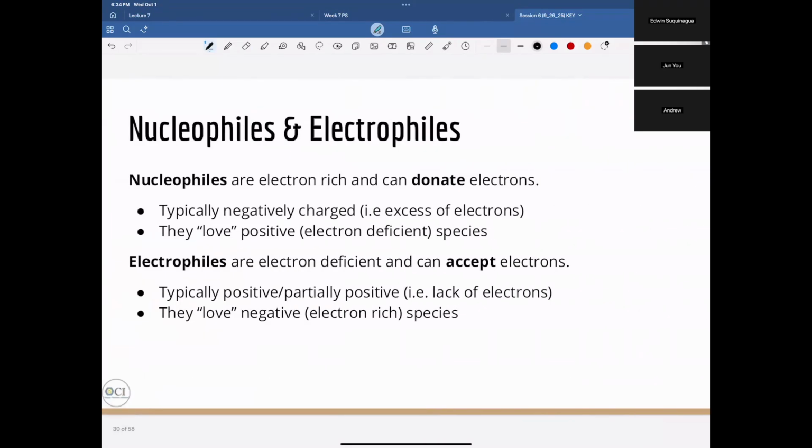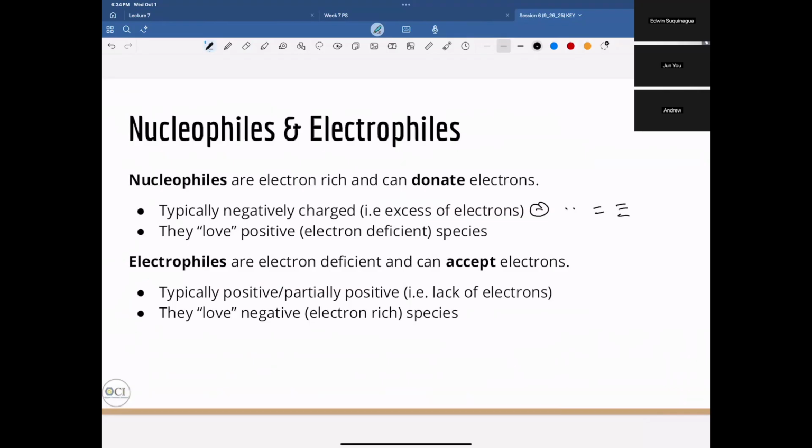First off, let's give definitions to each of them. Nucleophiles are electron rich and they can donate electrons. If they can donate electrons, they're very negatively charged. They have either a full negative charge, a lone pair, or a double or triple bond, because they have an excess of electrons they can share.